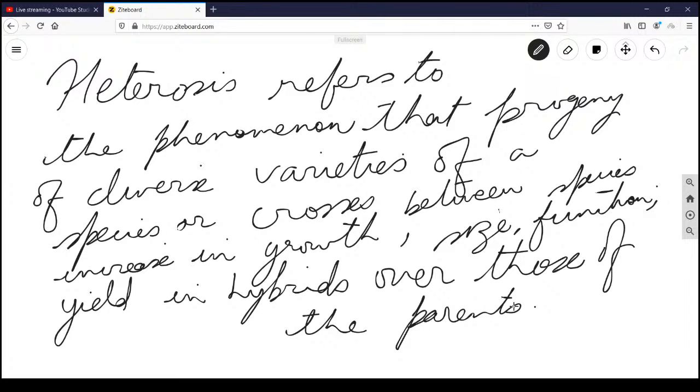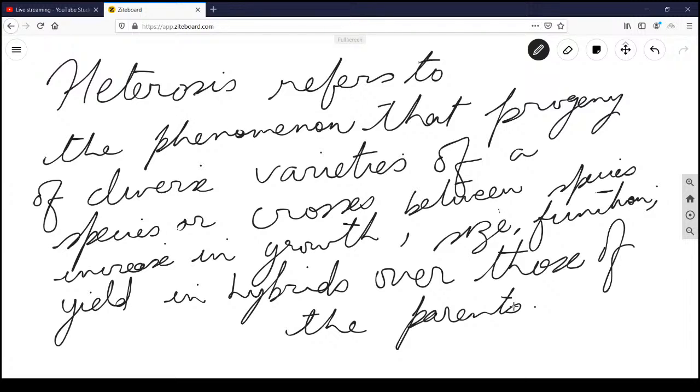It is also known as hybrid vigor or outbreeding. Again, it is the phenomenon which causes crossbred individuals to have an increased level of performance for certain traits over the above average performance of their straight bred parents. That is known as heterosis.